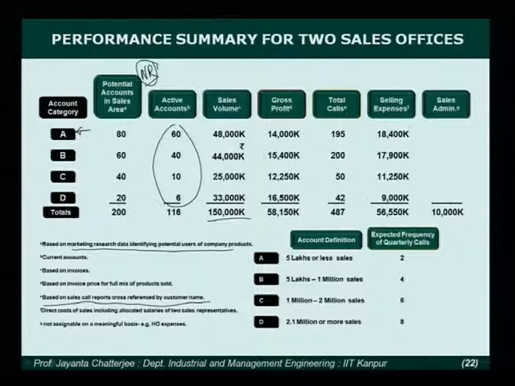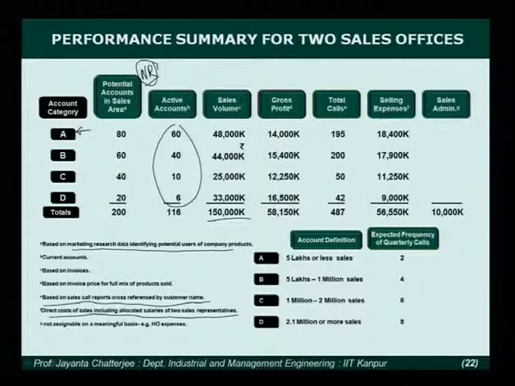And then we have the selling expenses, which have been calculated by direct cost of sales, including salaries of the 2 sales representatives involved in serving these account categories, and we come to 56.55.